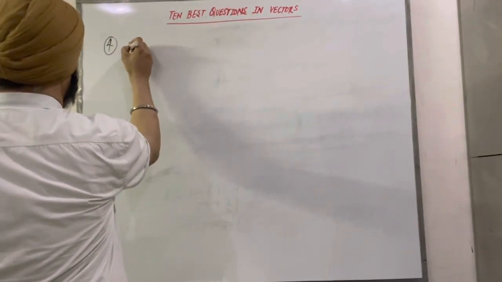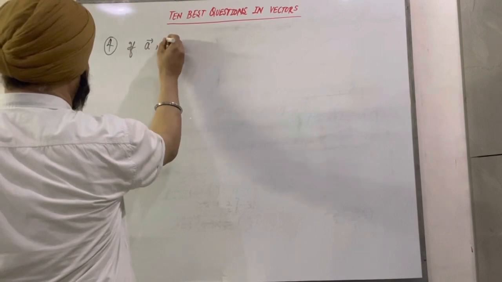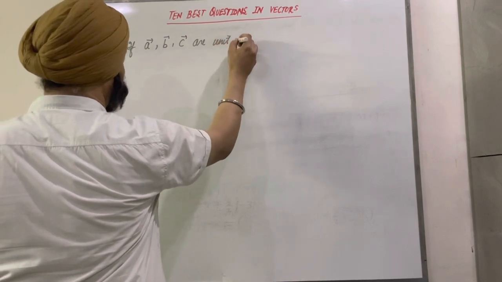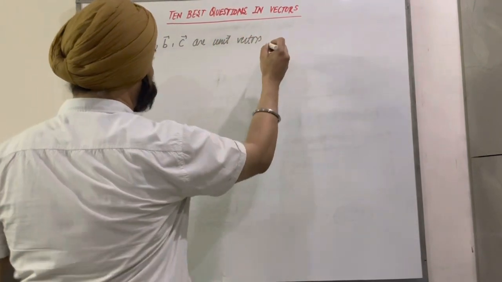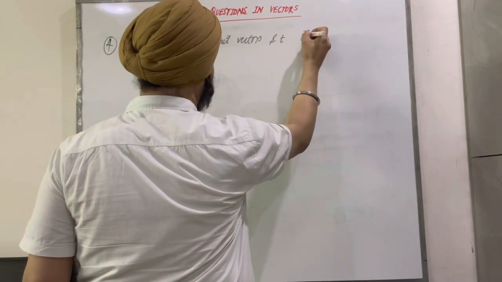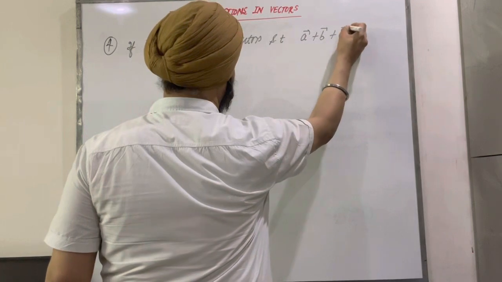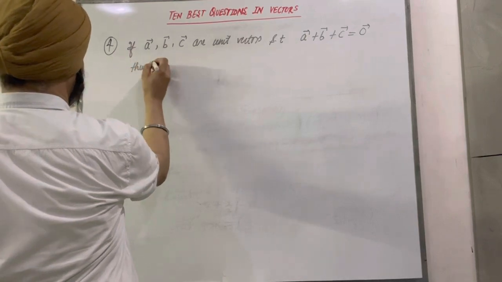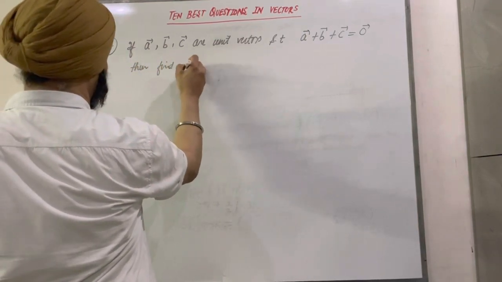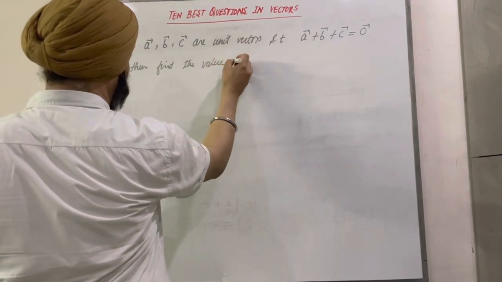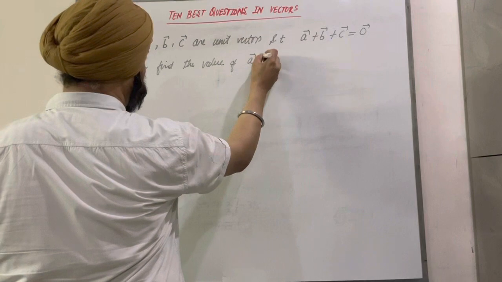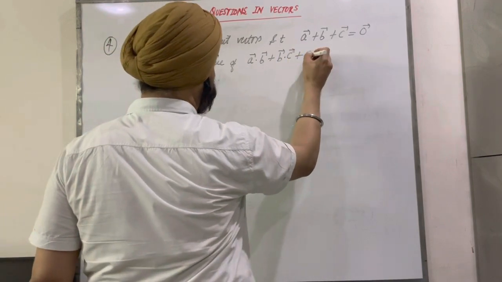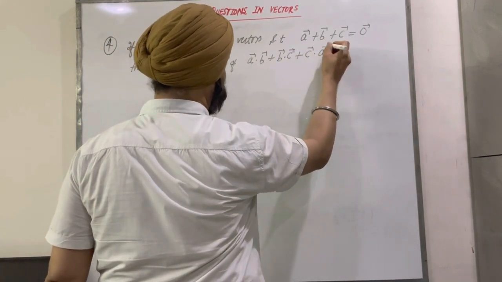In this question, it is given that if vector A, vector B and vector C are unit vectors such that vector A plus vector B plus vector C is a zero vector, then find the value of vector A dot vector B plus vector B dot vector C plus vector C dot vector A. This is the question.